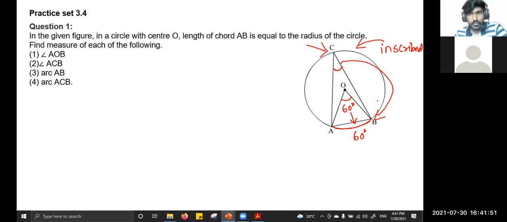Can you tell me which one will be half and which one will be double, and which one will be the same? Okay.